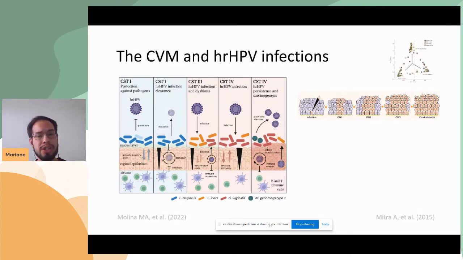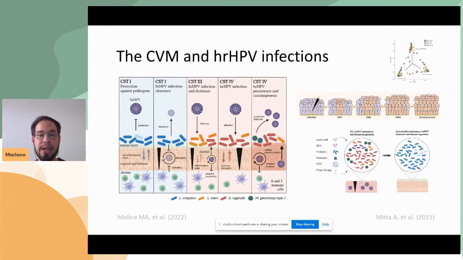There's also association of CSTs with low and high-grade cervical lesions, and there's an increasing field of microbiome-targeted therapeutics to promote Lactobacillus dominance, and in terms of HPV infection, promote viral clearance and disease regression.